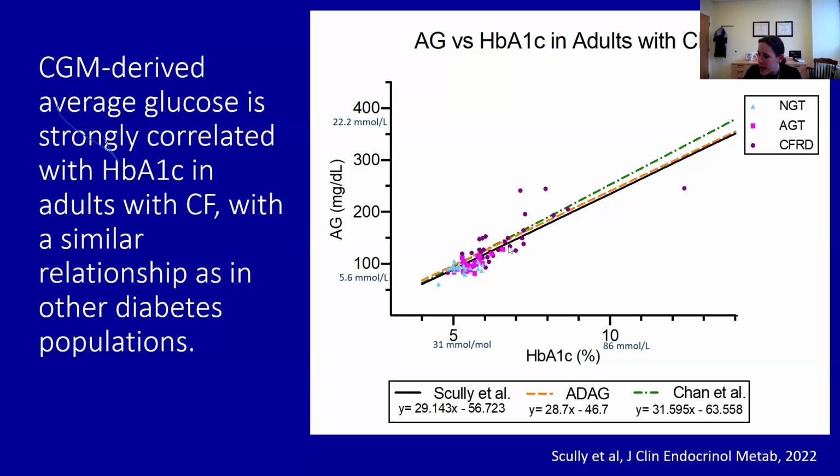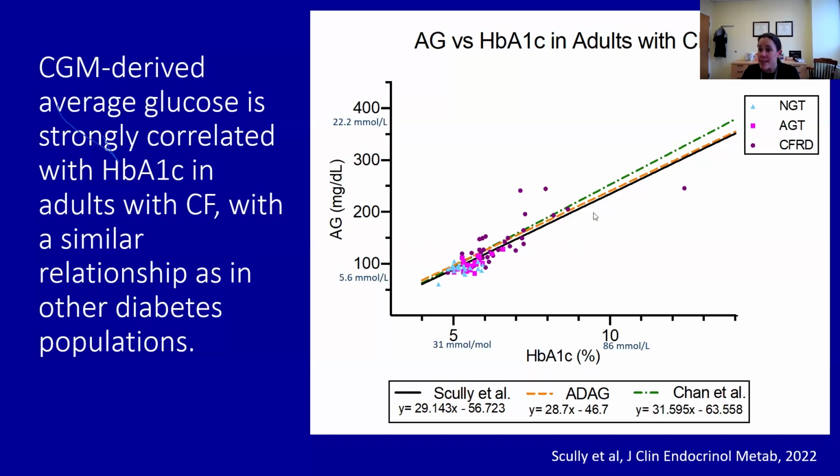And then this green line right here is a study that was performed by Dr. Chan at the University of Colorado, looking again at this relationship in a group of children and adolescents with CF. And again, you can see these lines are all very close.